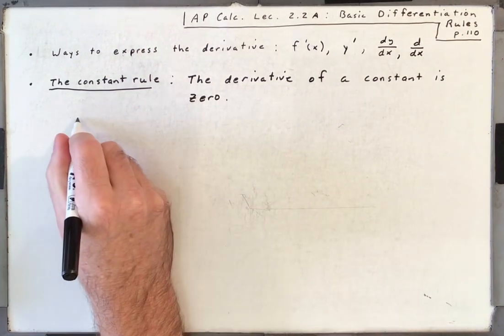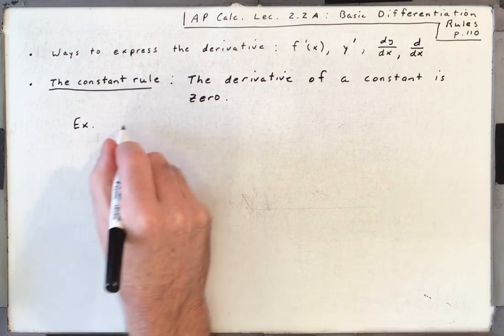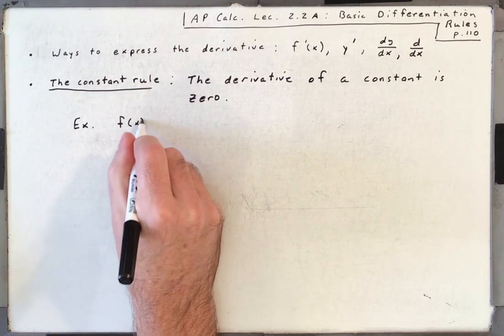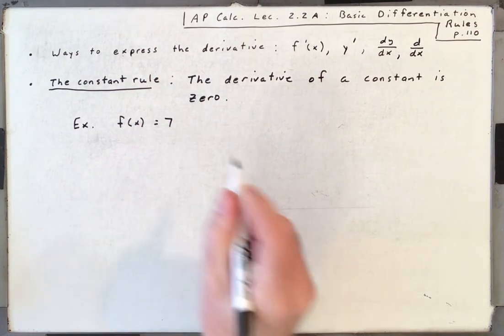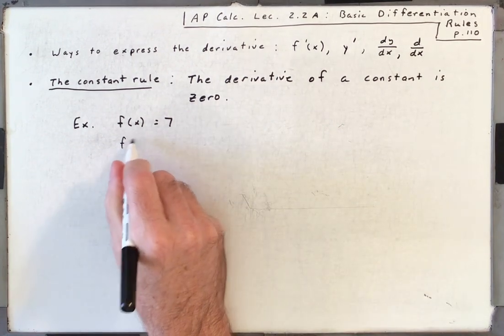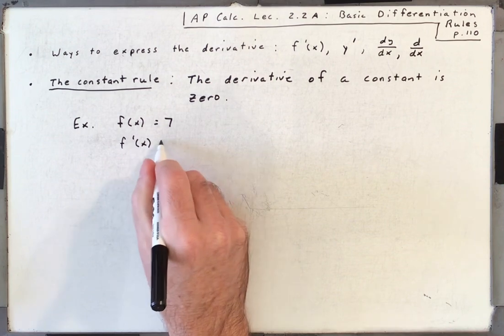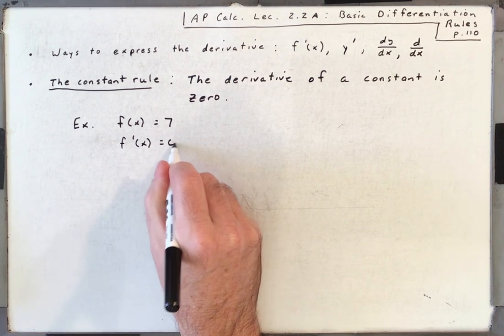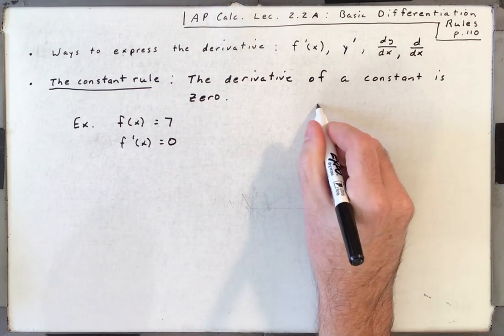Okay, let's do an example. Let's say we have f of x is equal to 7. Just a constant. So the derivative, f prime of x, is equal to 0. Now why is that?